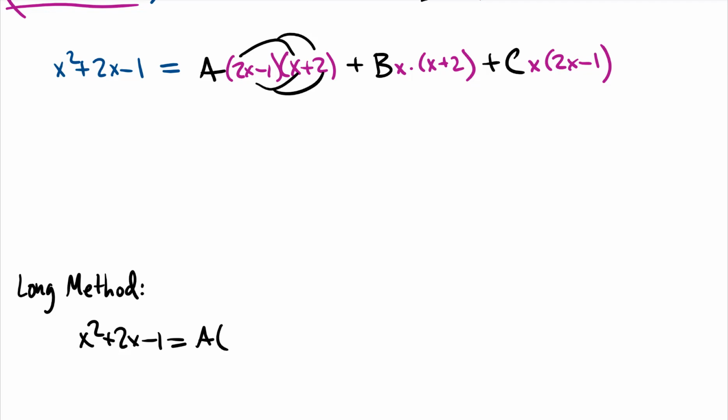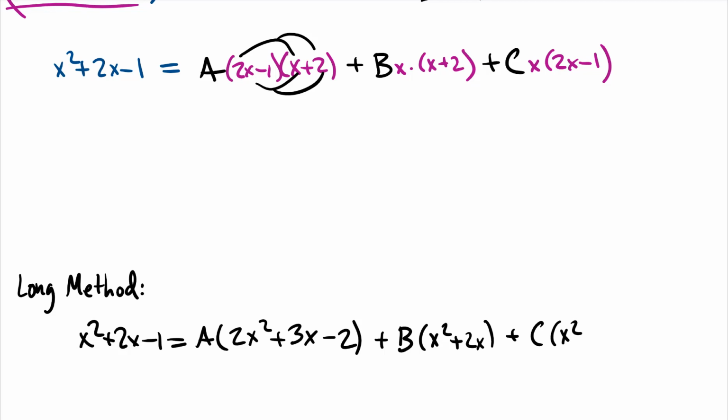So we're going to end up with 2x squared plus 3x minus 2, plus b times x squared plus 2x, plus c times 2x squared minus x. Man, I'm struggling.